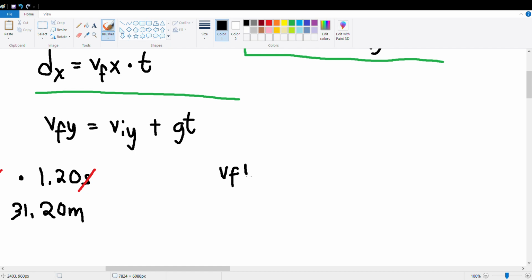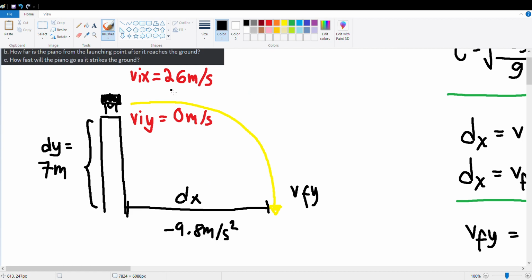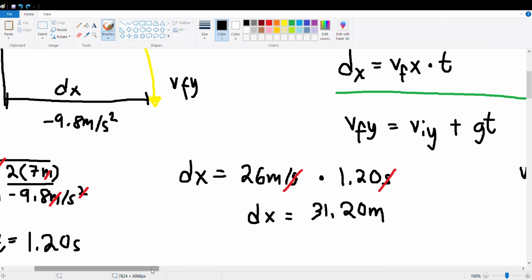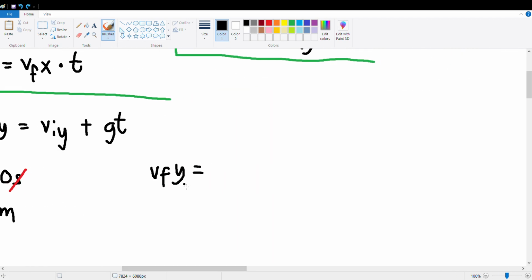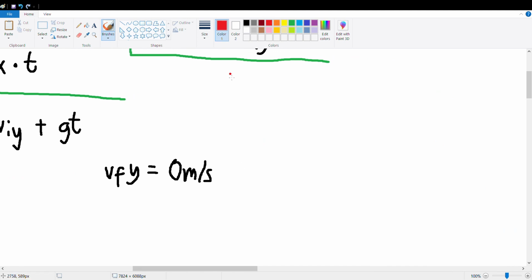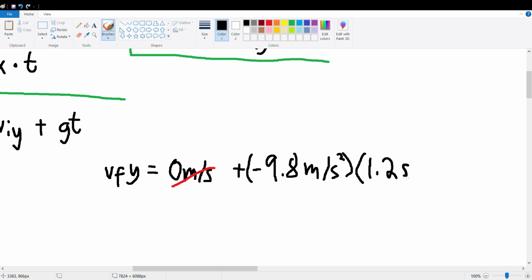VFY equals VIY plus GT. Now, what can you say about VIY? I already put 0 meters per second because we're solving for the y-axis. That's how it's basically like free fall. So 0 meters per second, so we just cancel that out. All we need to do is add negative 9.8 meters per second squared times 1.2 seconds.